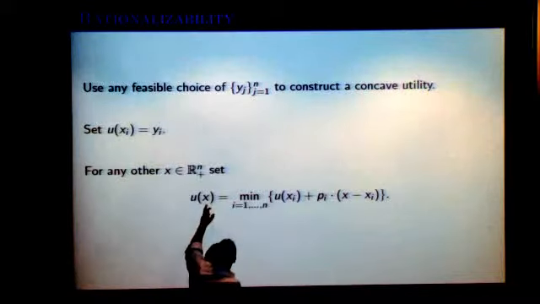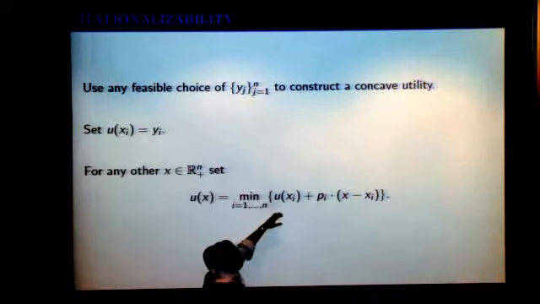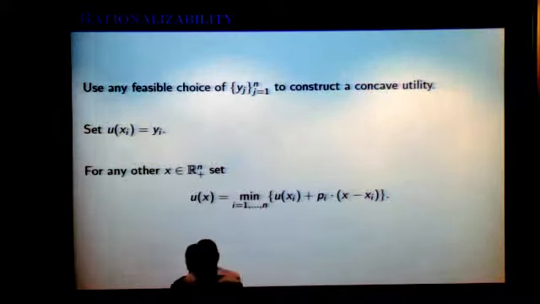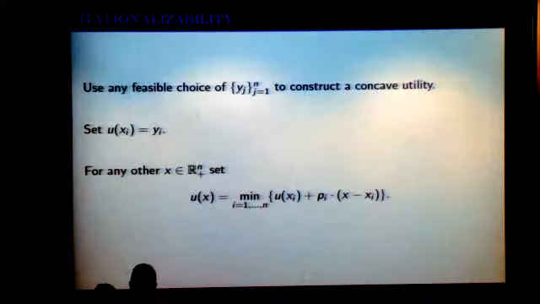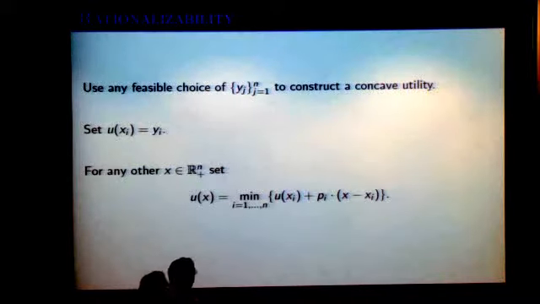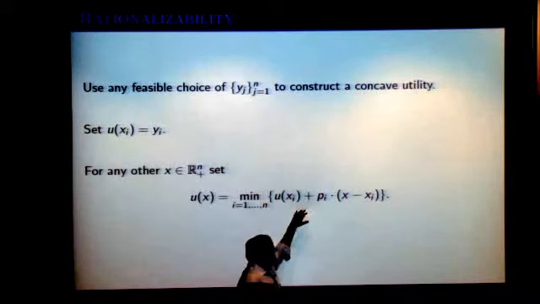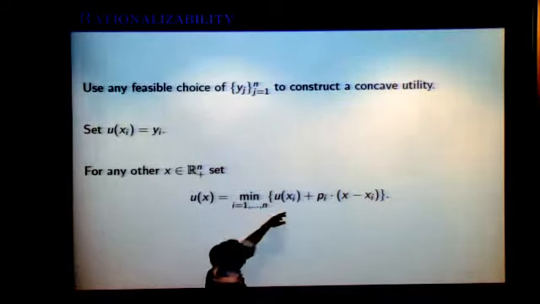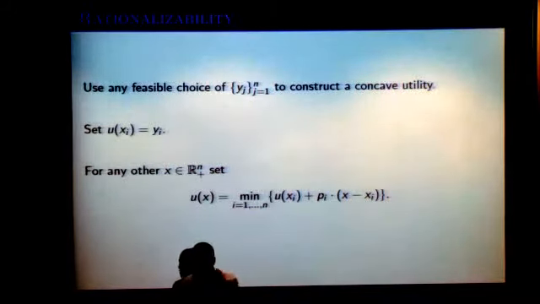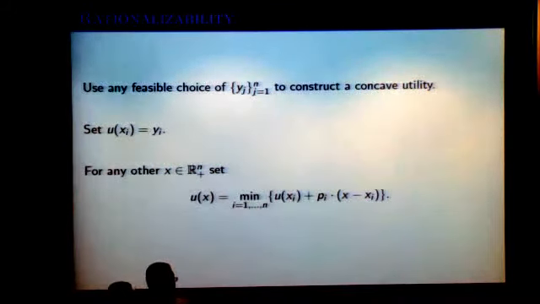I essentially say the utility of x for any other bundle is this. So basically, there's a way to interpolate between the utilities of the bundles you've pinned down to the utilities of bundles you haven't observed. And the thing I'd like you to notice is that this is the minimum of a bunch of affine functions. So that's piecewise linear concave.